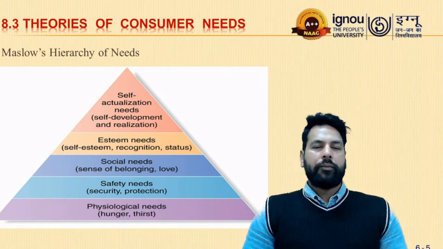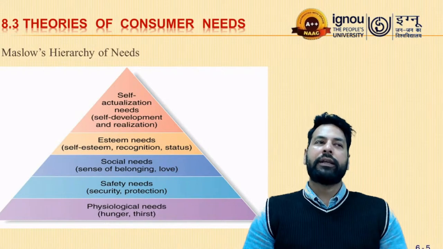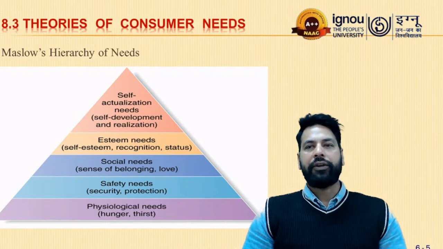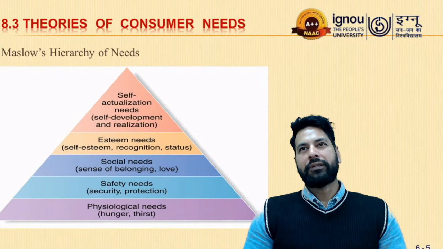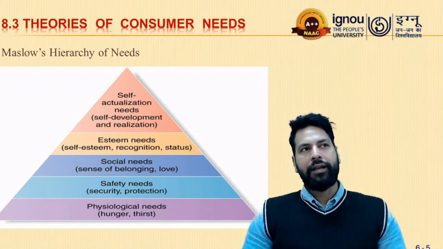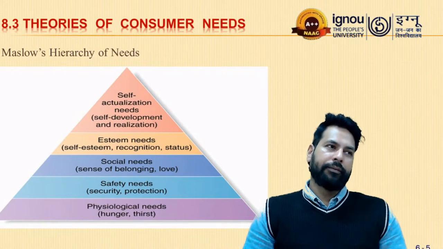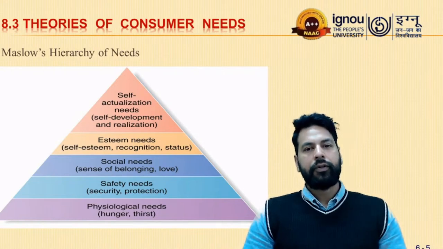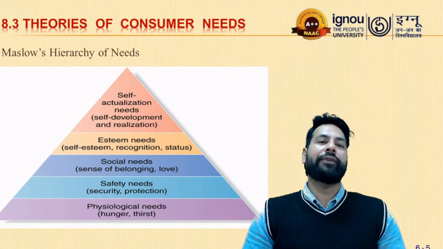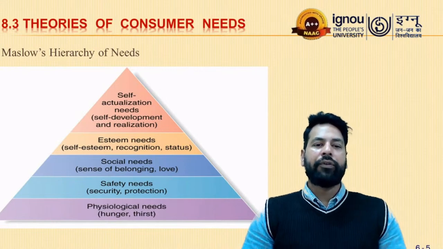Among them, the most important is Abraham Maslow's hierarchy of need. If I'm not mistaken, it was in 1954 it was modified and corrected also. Now he talks about five types of needs, starting with the physiological need.